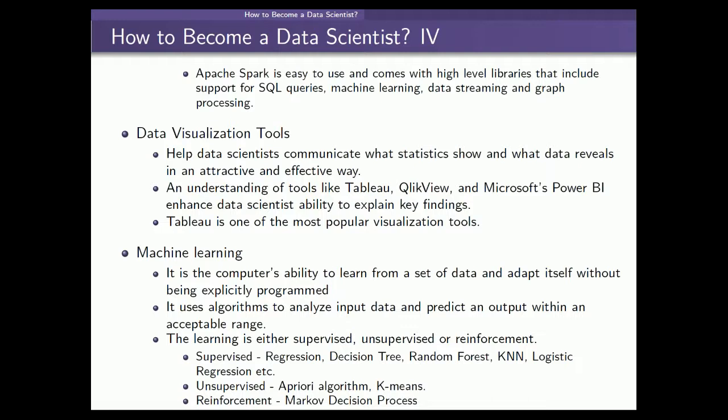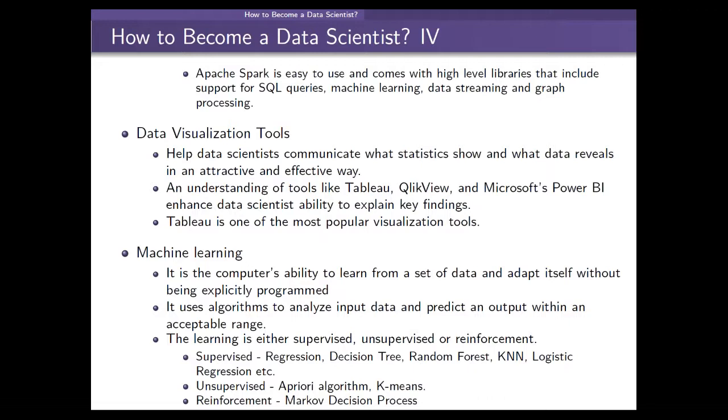There are a set of examples in this category: regression, decision tree, random forest, k nearest neighbor, logistic regression. These are the machine learning algorithms or techniques for supervised learning. And one more category is unsupervised learning. Unsupervised means, as the name says, we are not supervised; the outcome is not known.